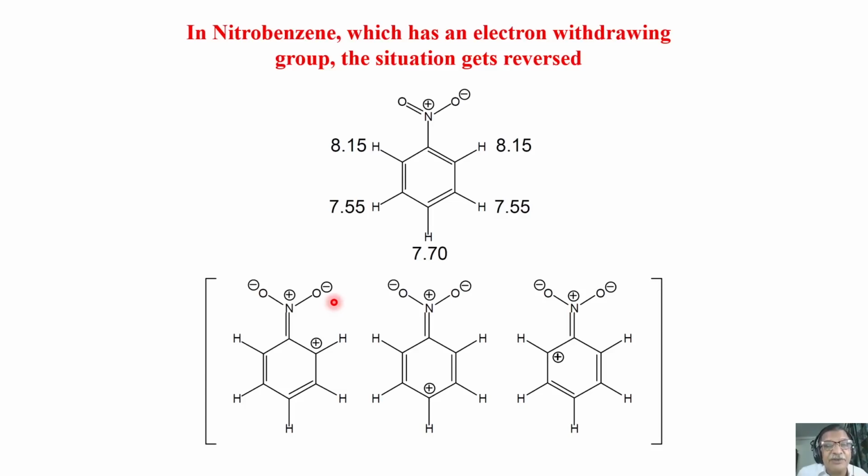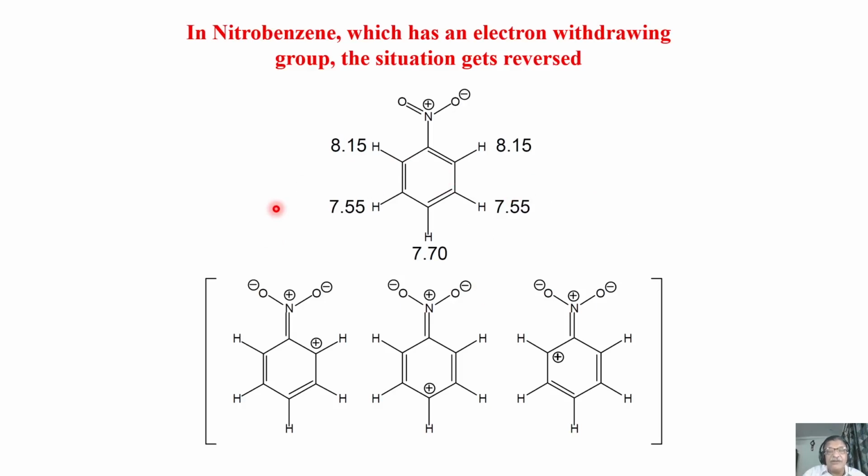What is the difference between these 2? In the case of aniline, NH2 is a donating group. Now, in the case of nitrobenzene, NO2 is an electron withdrawing group. What do you expect now? The phenomenon will be reversed. So, the charge density will be less at ortho and para positions and more at the meta position.